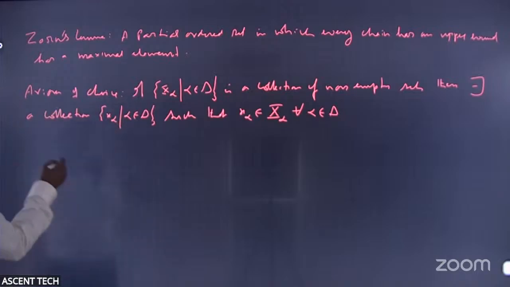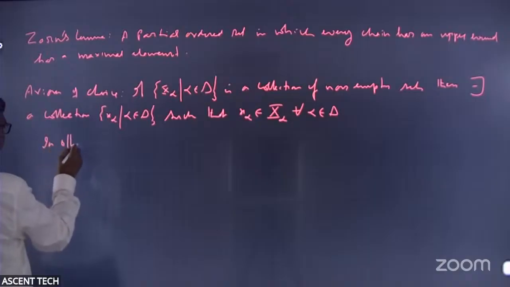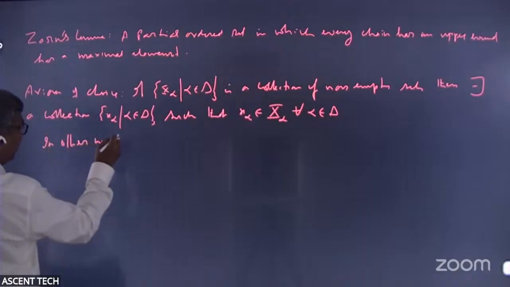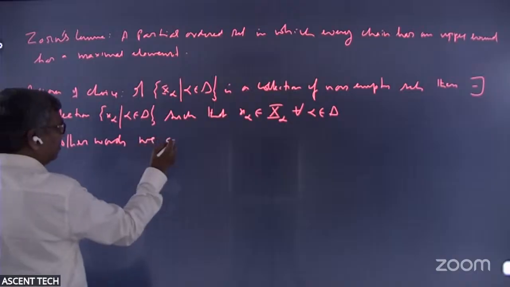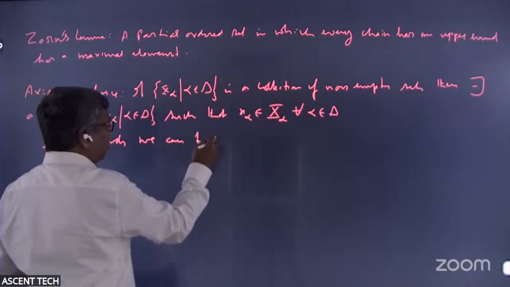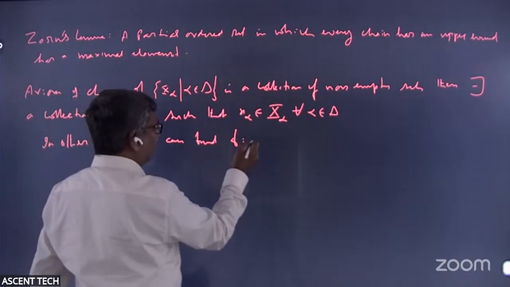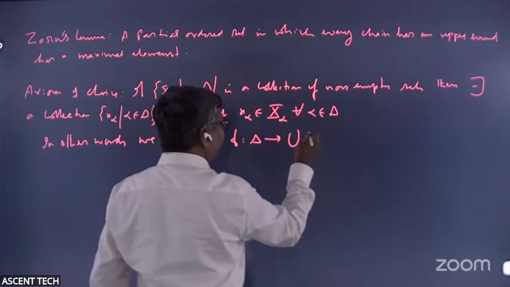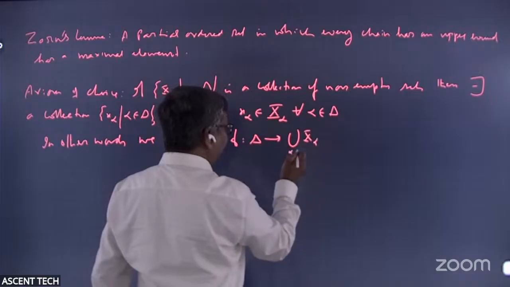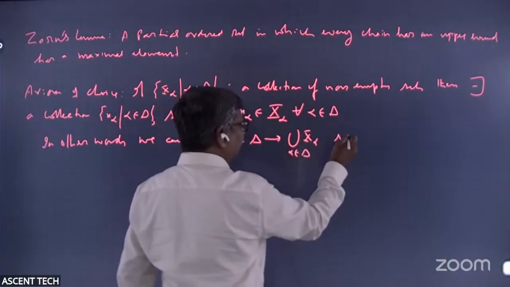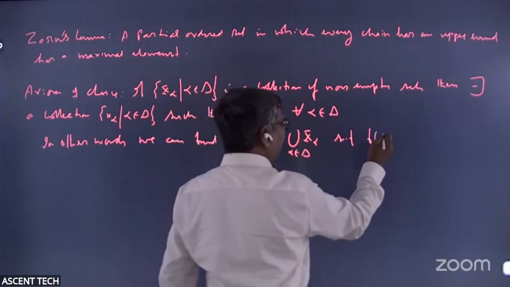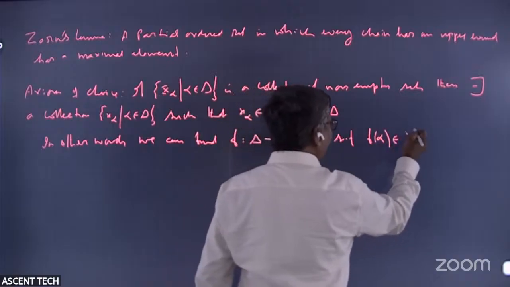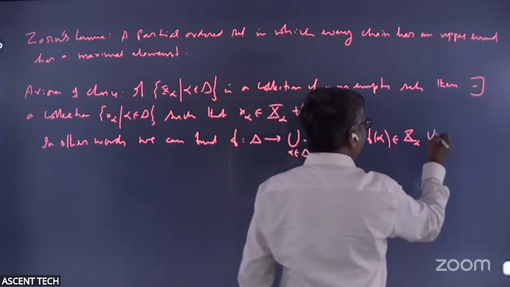In other words, what are we saying? We can find a function f from delta to the union of X_alpha, alpha in delta, such that f of alpha is in X_alpha for each alpha in delta.